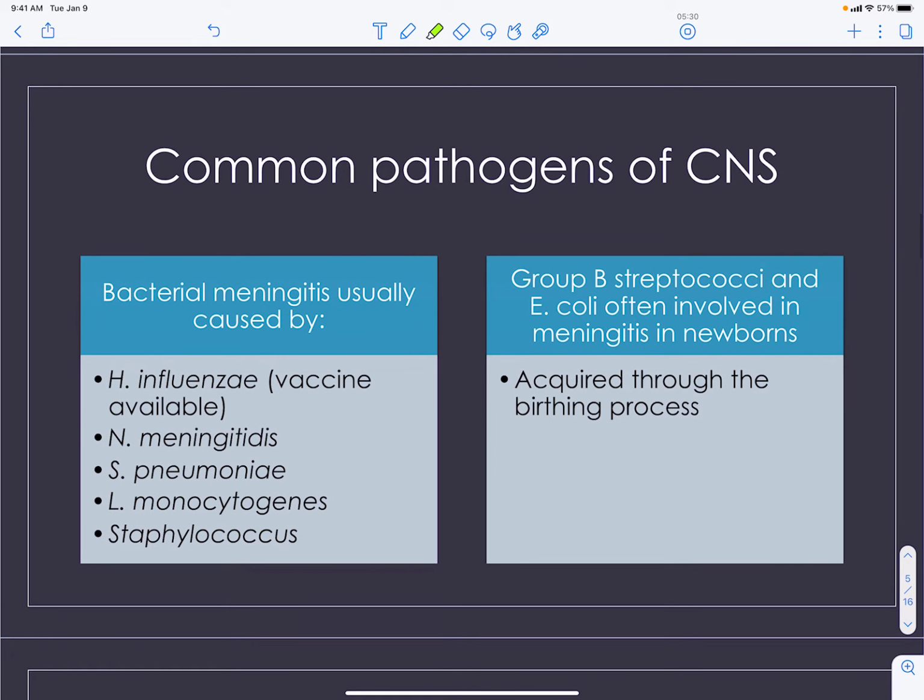Okay, so now the central nervous system is obviously going to be made of the brain and the spinal cord, and the infections can be caused by your normal flora bacteria.